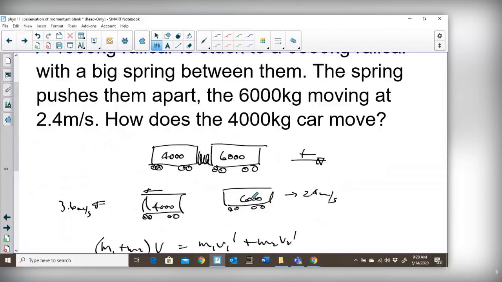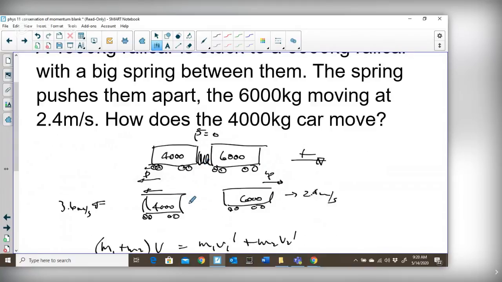Light rail car, heavy rail car. Momentum has to be conserved. So what we have is the momentum in this direction, and the momentum in this direction. And this momentum plus this momentum have to equal 0, because up here, no velocity. We have mass, no velocity. Momentum is equal to 0.